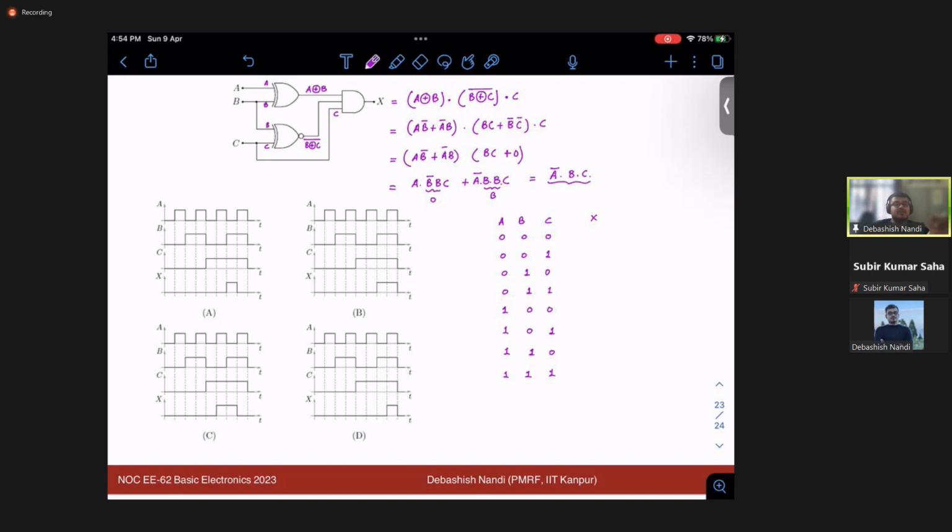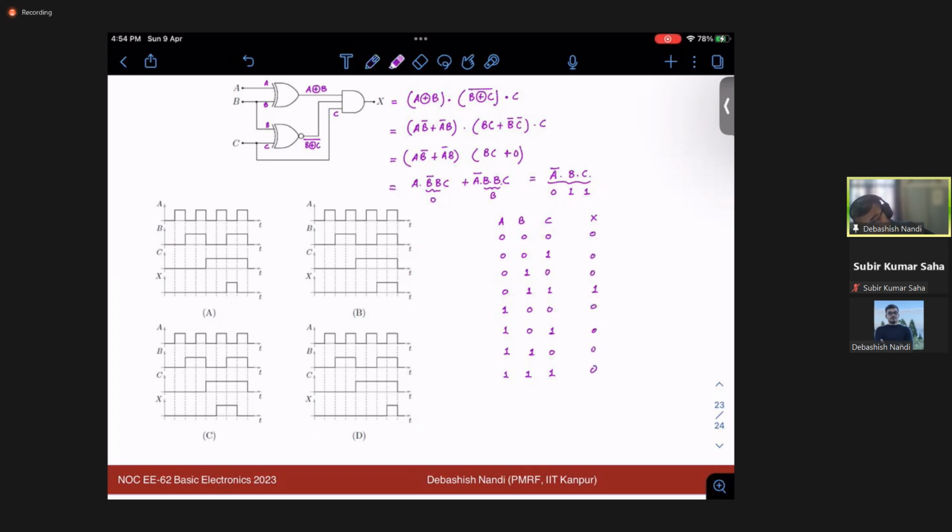Min terms mean the minimum sum of product. How many product terms are there? That is called min terms. Okay. So only for one case it will be 1, right? Which is the case? This is 0, this is 1, this is 1. Only at that case it will be 1. Other all cases it will be 0. Fine. So 0, 1, 1 we need to find out. Other all case the output will be 0.